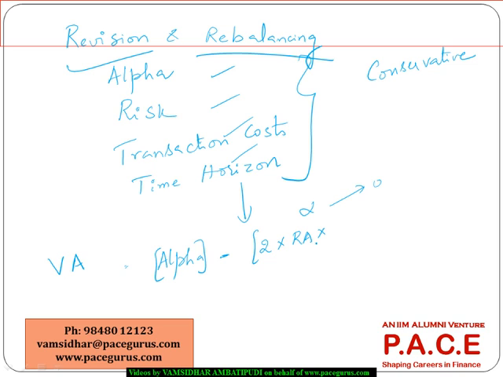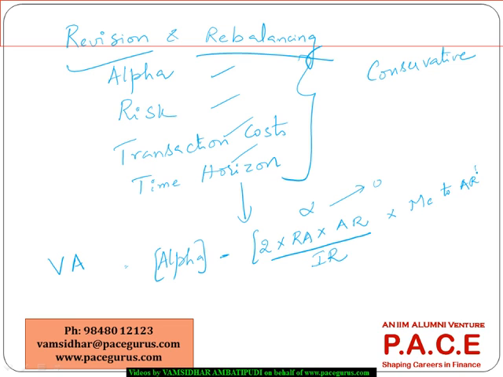Two into risk aversion multiplied by active risk is nothing but the information ratio, multiplied by the marginal contribution to the active risk.